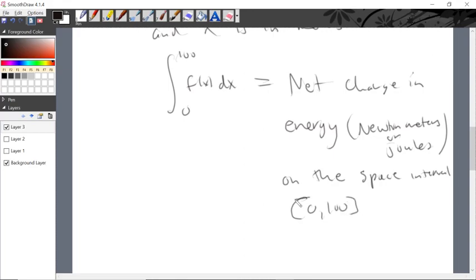This is not a time interval. This is an interval of space because x is the amount of meters.